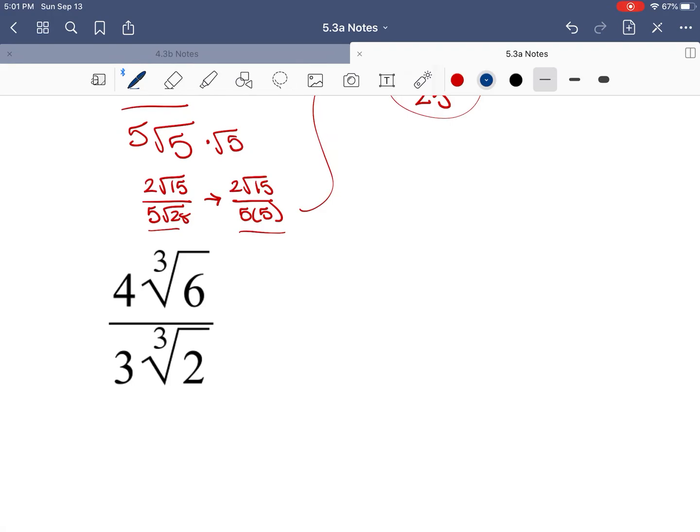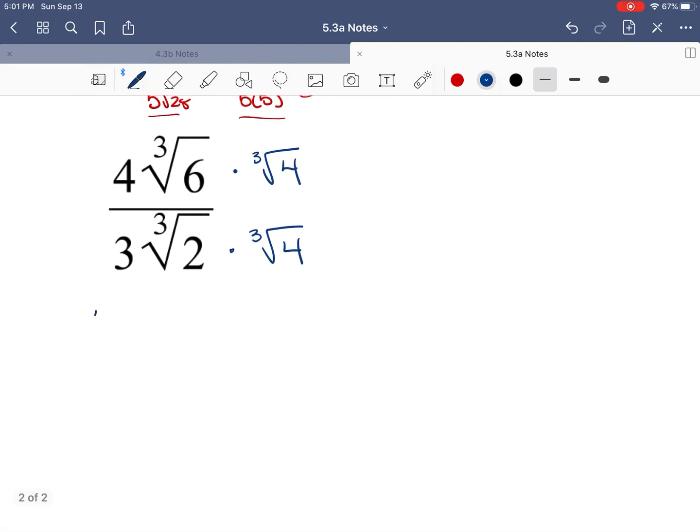There are 2 ways you could do this. You can multiply by the cube root of 2 times the cube root of 2, because technically that's almost like cubing it. But we know we want to get to 8. So 2 times cube root of 4 is going to get me to 8.